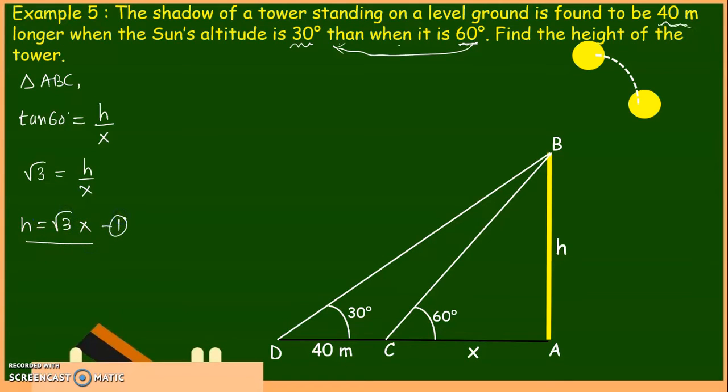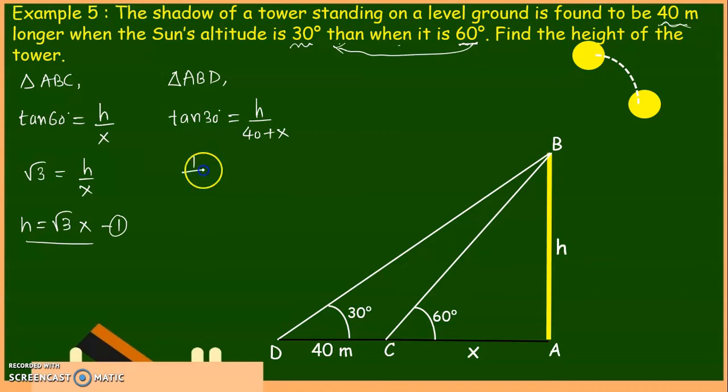Let's say this is equation number 1. Now, if you consider the another triangle, that is triangle ABD. So here we can use the formula of tan 30 degree, that will be equal to opposite side, that is h, and adjacent side, that is equal to AD. So the value of AD is 40 plus x.